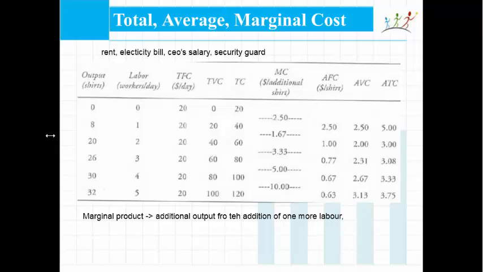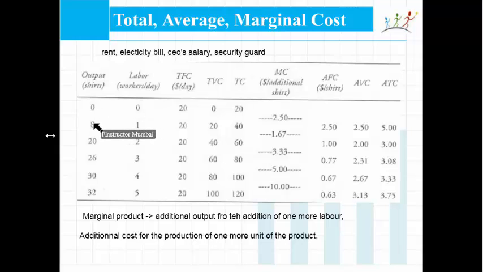Marginal cost is defined as the additional cost for the production of 1 more unit of the product. The additional cost that I have to spend for producing 1 more unit. So for producing 8 more units, how much extra money do I have to spend?